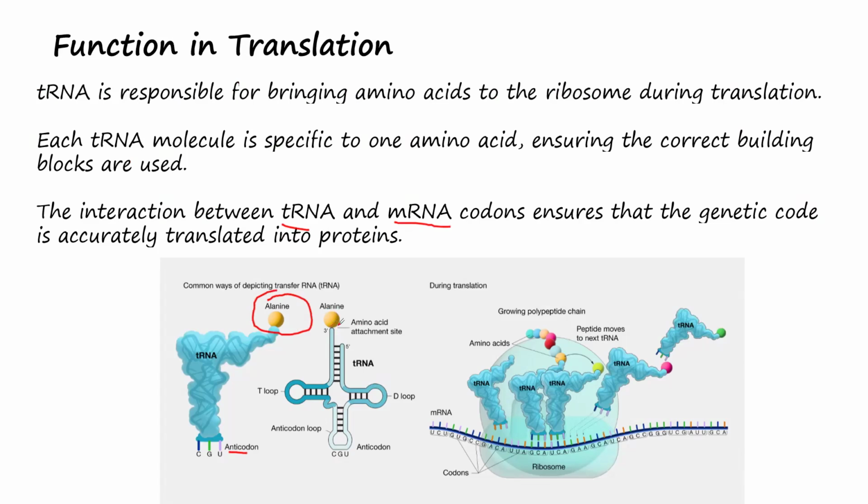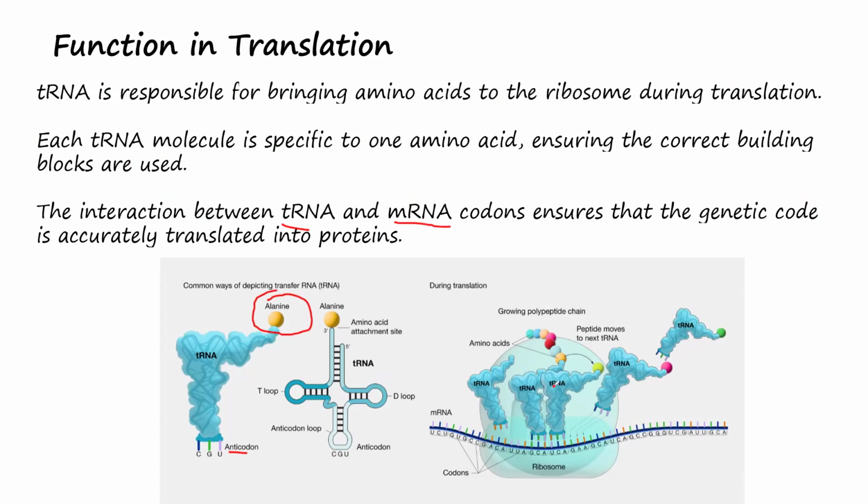And don't forget that I told you that the 3' end of transfer RNA is used for amino acid attachment. So you see here you have alanine attached here, and then you have the anticodon loop. Look at it here.